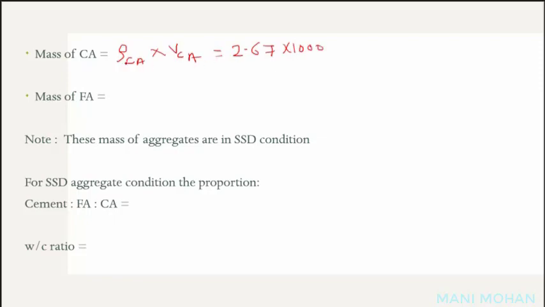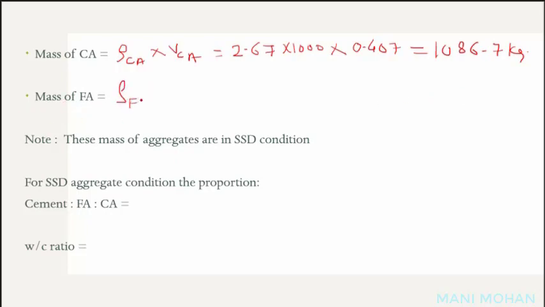This is going to give me the density of coarse aggregate into volume of coarse aggregate. We computed the volume of coarse aggregate as 0.407. This is going to be 1086.7 kg.